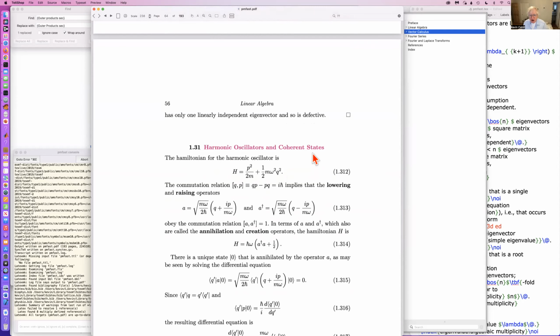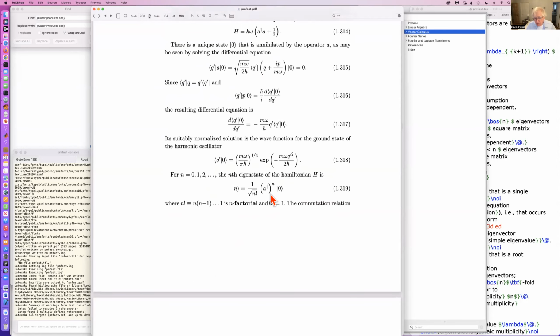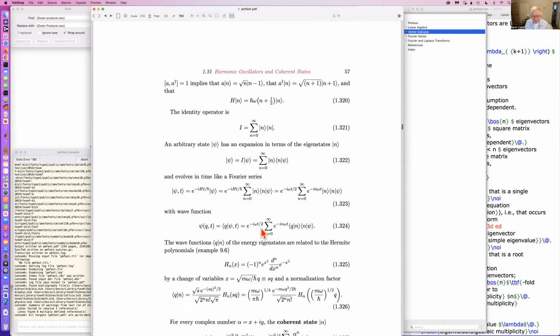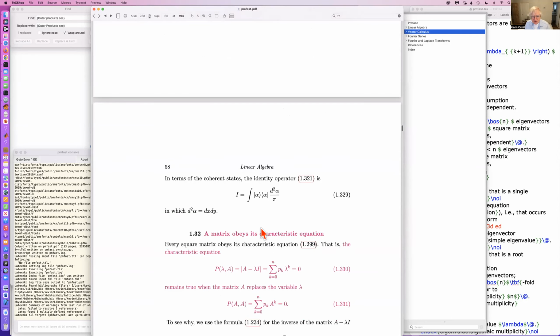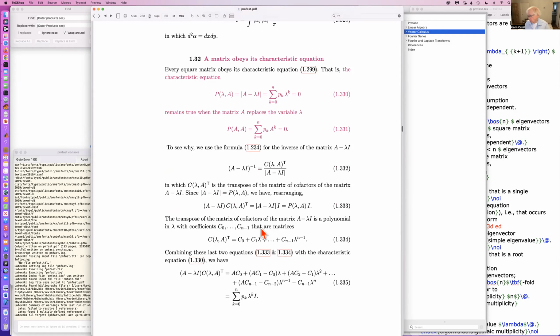The chapter on harmonic oscillators and coherent states is worth reading and worth knowing about. Coherent states have gradually become important in the last 100 years. I think they were discovered probably in the 30s, 40s. Schwinger made use of them subsequently.